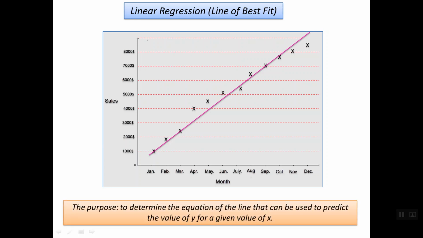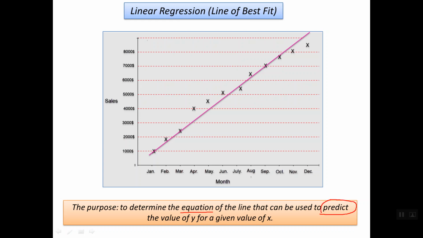So the purpose of understanding the linear regression, or simply the line of best fit, is just to make an equation. Of course, we have the straight line equation, and the purpose of determining this equation is only to predict.